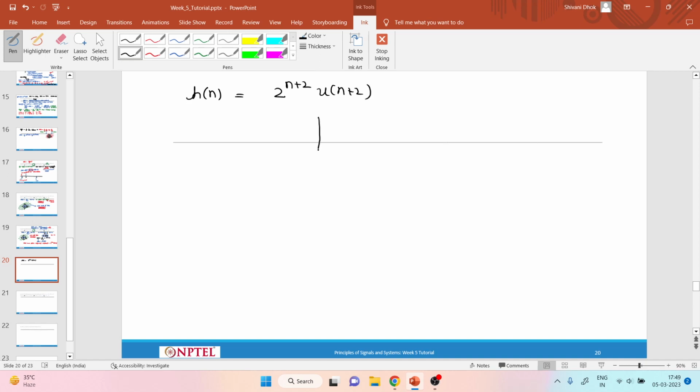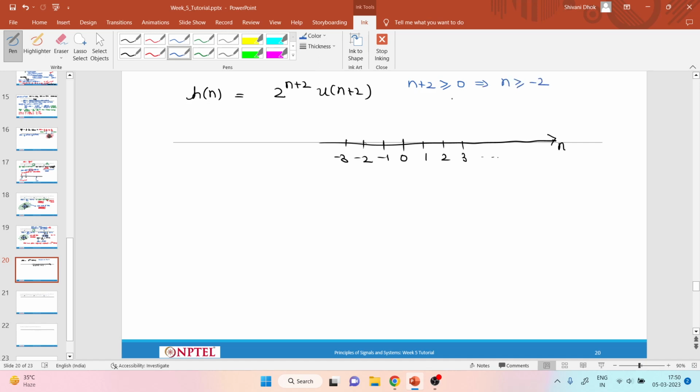So if we sketch this, this is my n axis, this is 0, this is minus 1, minus 2, minus 3, 1, 2, 3, and so on. u of n plus 2 is non-zero for all values of n plus 2 greater than or equal to 0, which means n greater than or equal to minus 2.